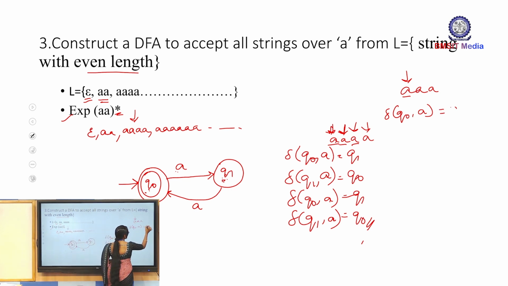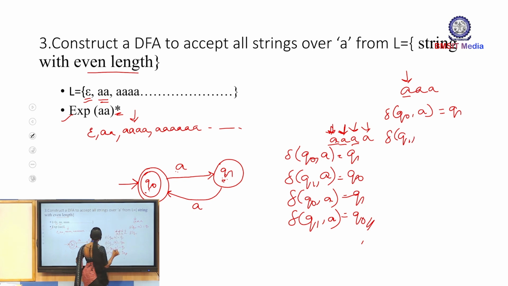So I'm here in Q1. Now delta Q1 becomes the current state. I'm here at this location Q1, and on reading the next input symbol, which is A again, you can see that you get back to the state Q0.